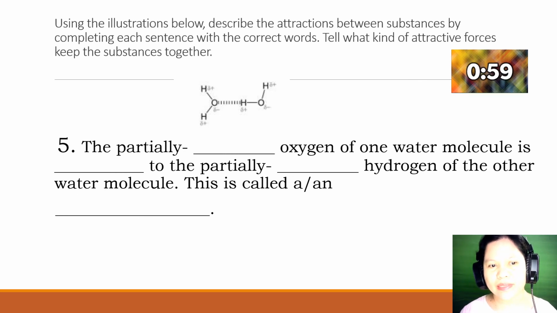So last is number 5. The partially blank oxygen of one water molecule is blank to the partially blank hydrogen of the other water molecule. This is called a blank.